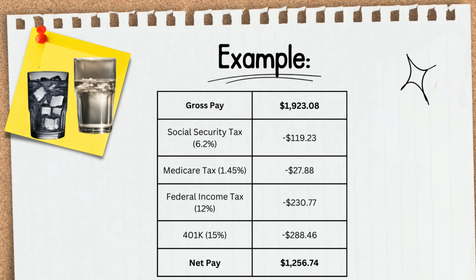Your Medicare tax would be $27.88, federal income tax $230.77, and that 15% towards your 401k, $288.46. So your total, that $1,923.08 minus your deductions, your net pay would be $1,256.74. This is the amount that you would take home that you could put into your budget to use for that pay period.